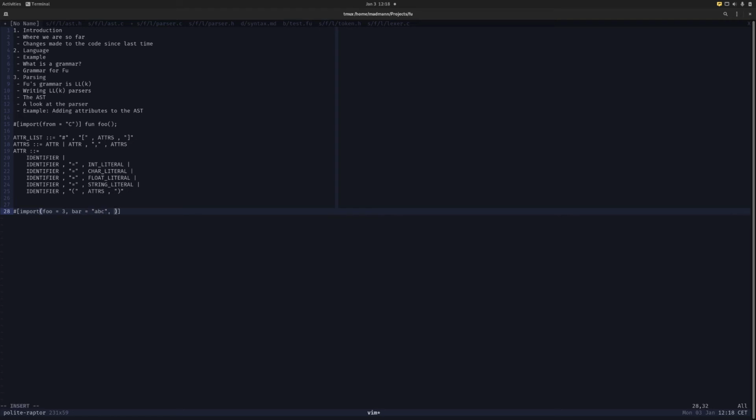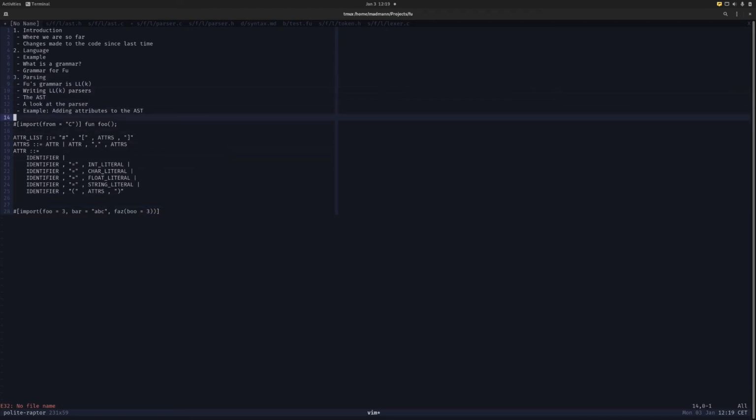And yeah, essentially I can even nest this. So I can say import foo, bar, and faz with another list of things. That's a valid attribute here, at least accepted by the grammar.